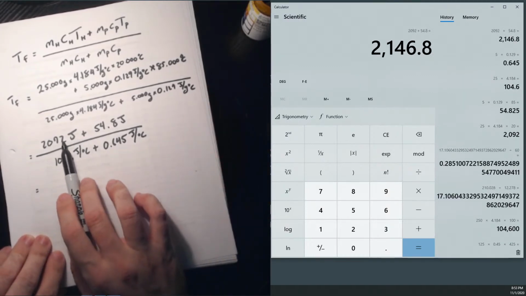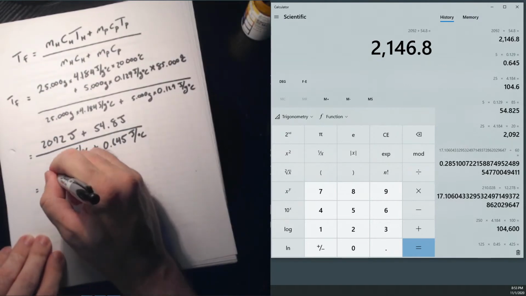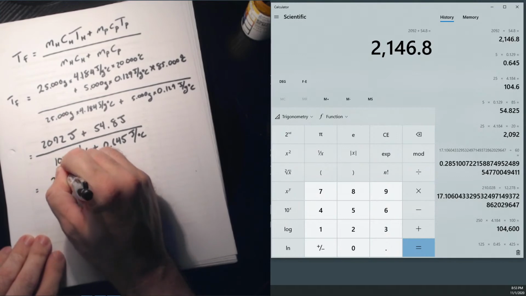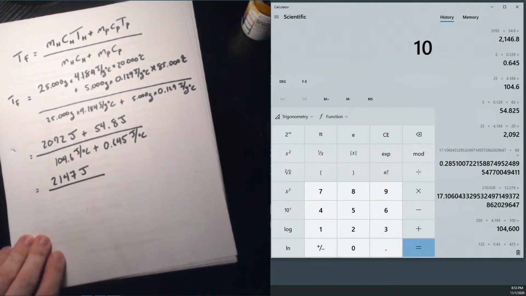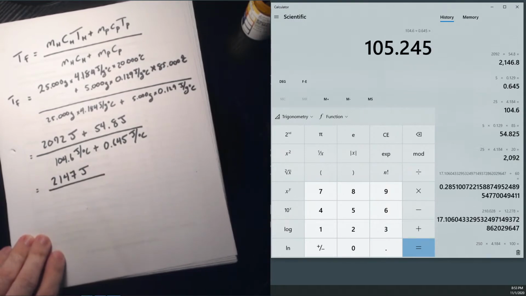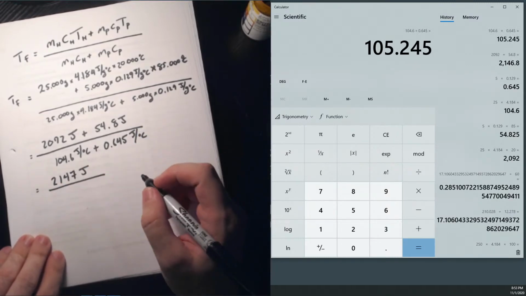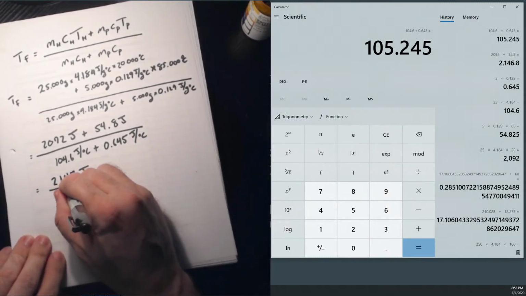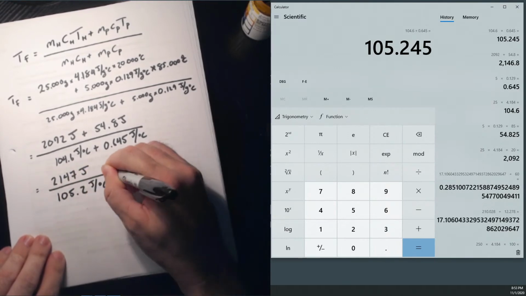But this one runs out at the ones, so we're going to round at the ones, so 2147 joules up top. 104.6 plus 0.645, and that one runs out at the ones at that depth, so it's going to be 105.2 joules per degree Celsius.